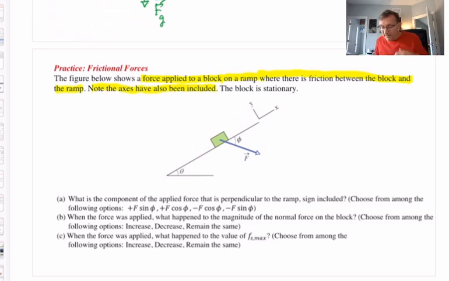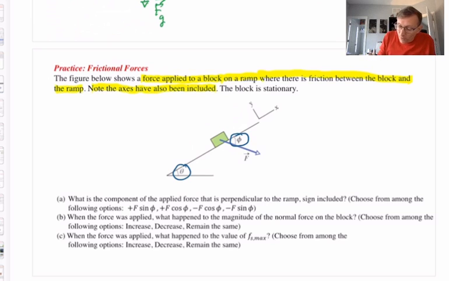Apparently it makes an angle phi relative to the inclined surface. That's what the picture shows me. So phi is the angle that my applied force makes with the surface of the incline. Now, independent of that, there's the angle theta, which is just the angle of the incline relative to the horizontal.